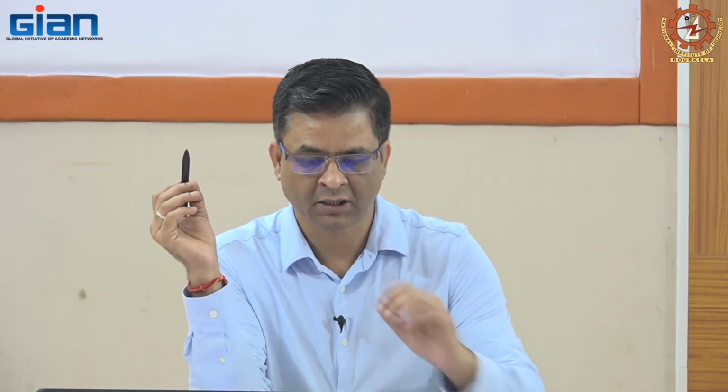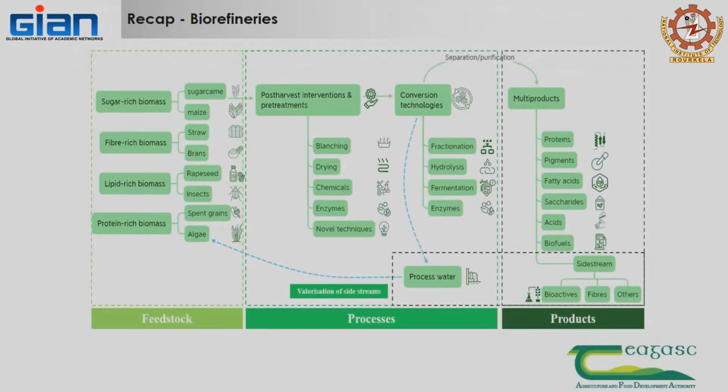So just a quick recap. We talked about biorefinery mainly related to seafoods. That biorefinery can be classified based on the raw material or feed stock, whether you consider high fat fish as a lipid rich biomass, which can also include canola, that is oil seeds, or insects, or protein rich biomass, which can again be related to low fat fish.